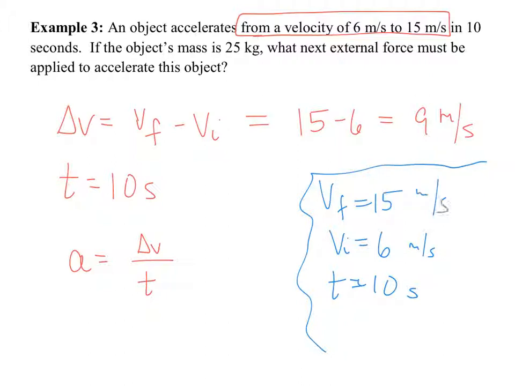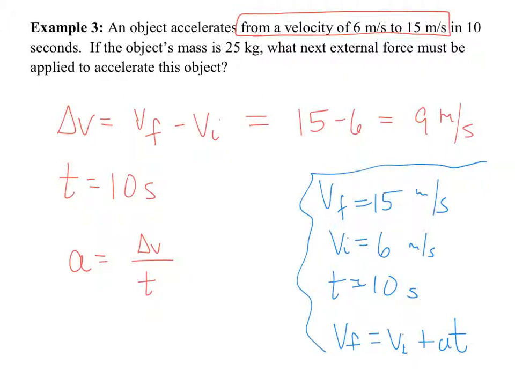You could list all three separately and utilize this formula as well. Plug in for VF, plug in for VI, you're still going to have 15 and 6. You subtract the 6 to give you 9. You divide by time. It's the same thing we'll do here. We'll take a 9 and divide by time. You're still going to get the same answer either way you do this problem.